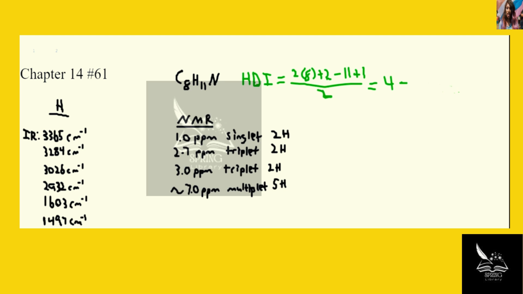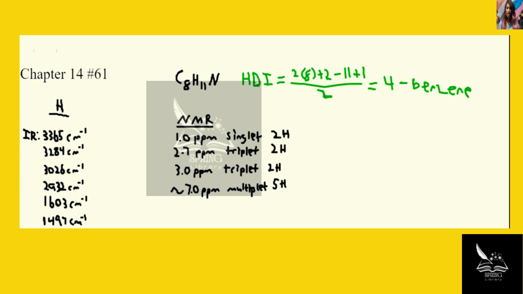All right, so my apologies for that. Let's try again. Whenever we see an HDI of 4 or more, we should potentially be thinking a benzene ring or an aromatic ring.